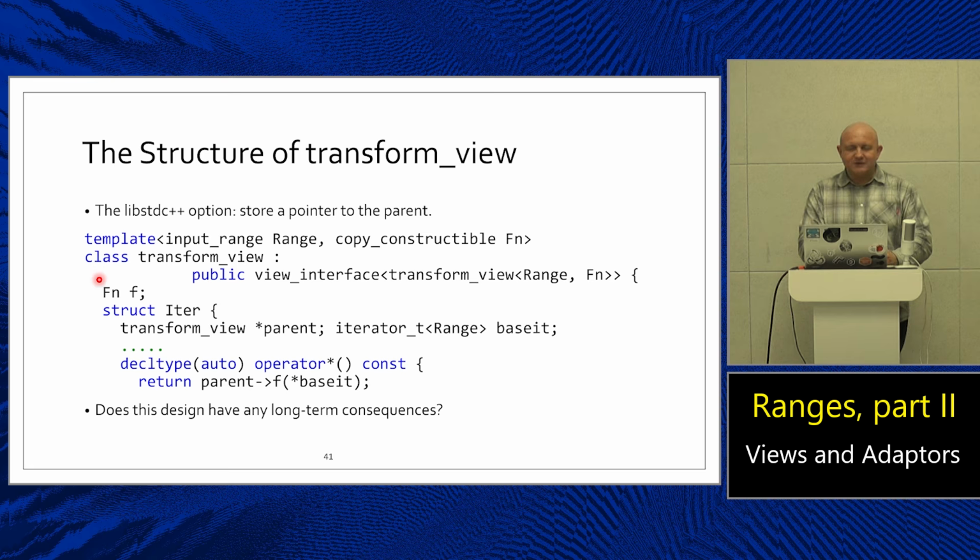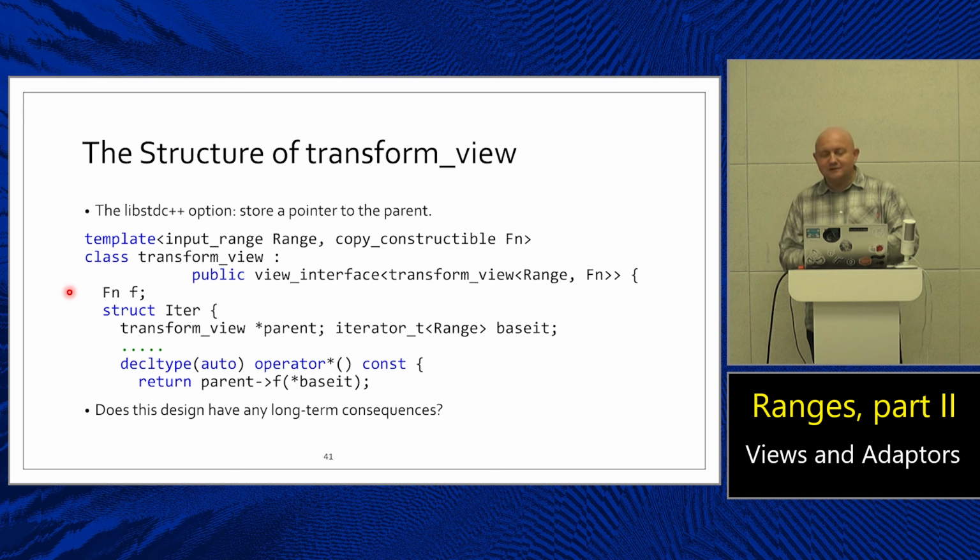the transformation function, this f, is not necessarily cheap. It may have state, as we already saw in the lecture on lambdas. It may capture something. So instead of storing the callable inside the iterator, it makes much more sense to store it in the view object itself.